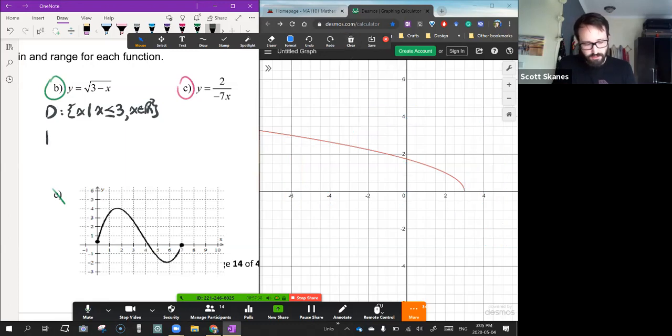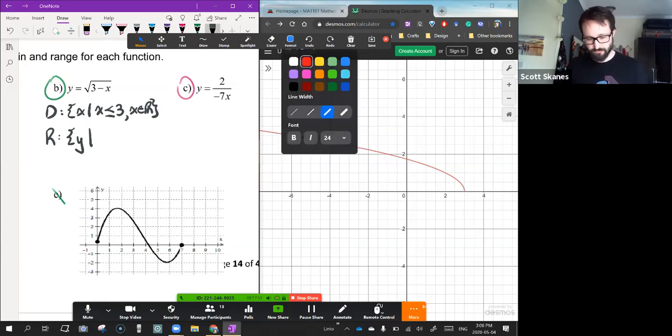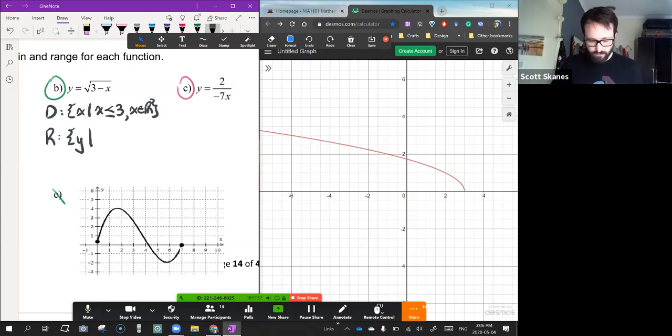The range is the set of all y values such that, what are all the possible y values that can come out of this? I'll tell you 2 ways to do this. First of all, let's look at this function. You know, this y value is okay. For example, 2 is okay, 3 is okay, 4 is okay.